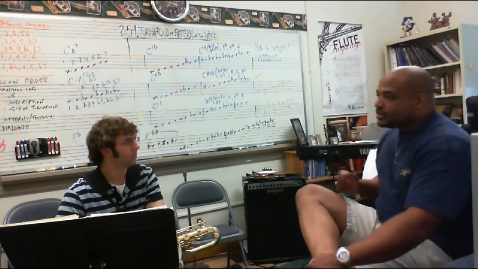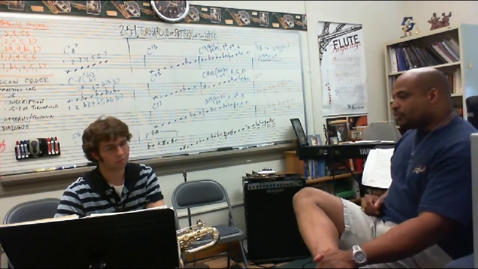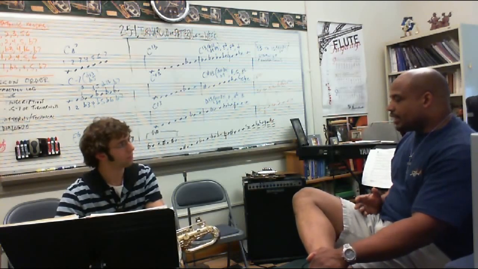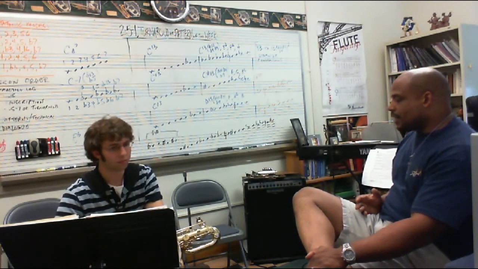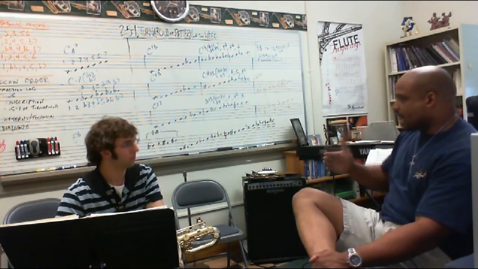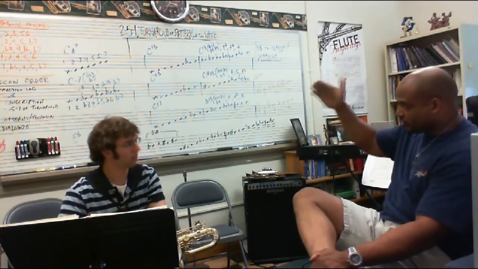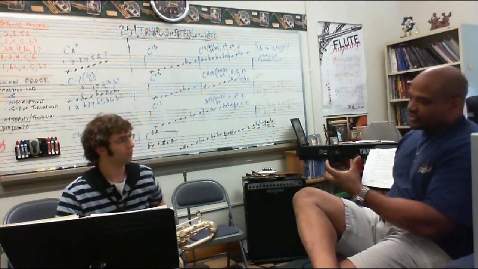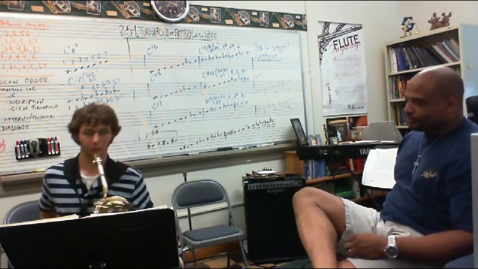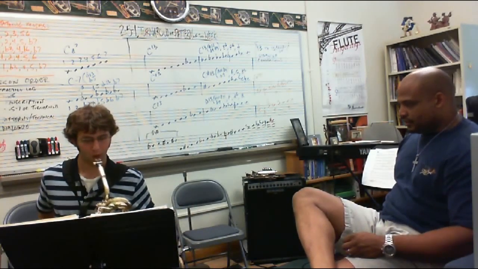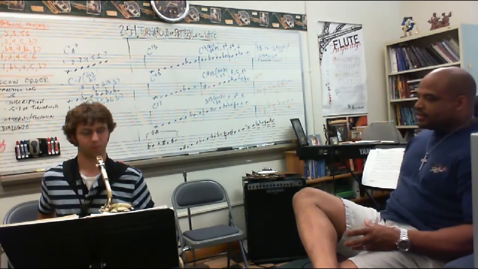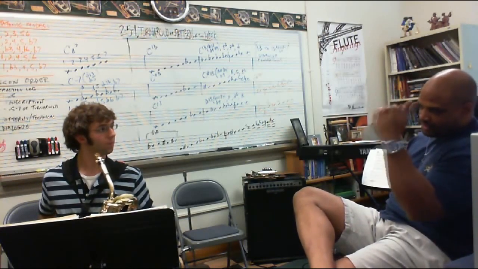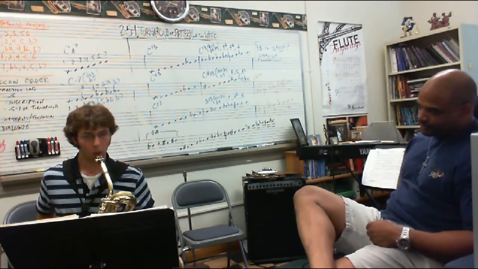So what I want you to do is, now you know the harmonic series is first an octave, perfect fifth, perfect fourth, major third. So what I want you to do, like for instance, do this right now. Just play a low B flat, finger the low B flat, and then get the octave to come out first.